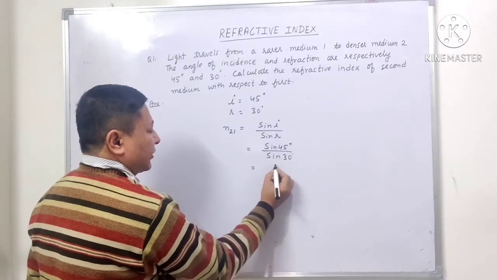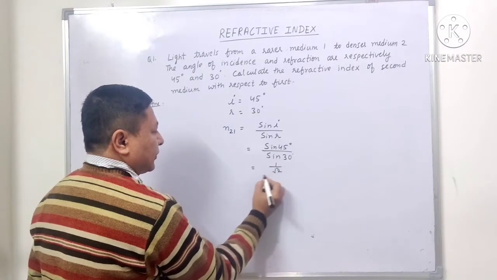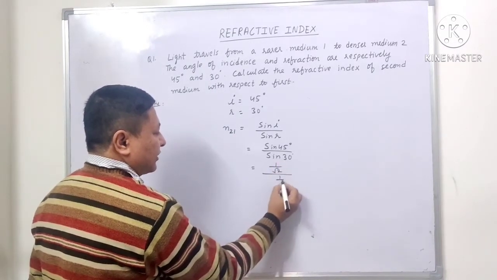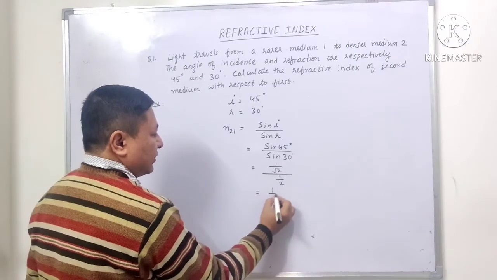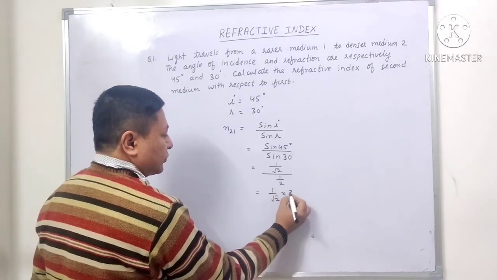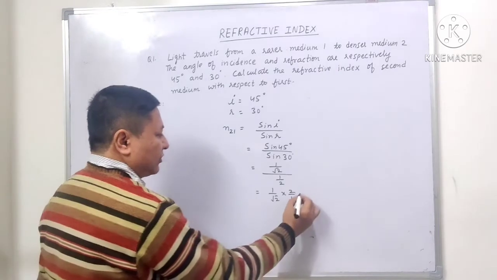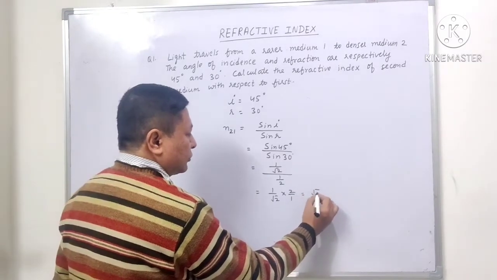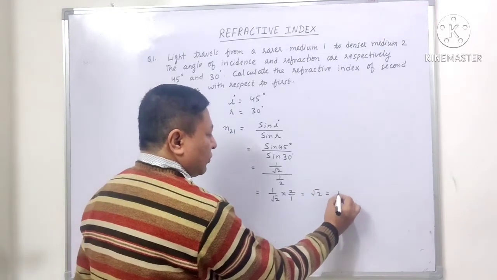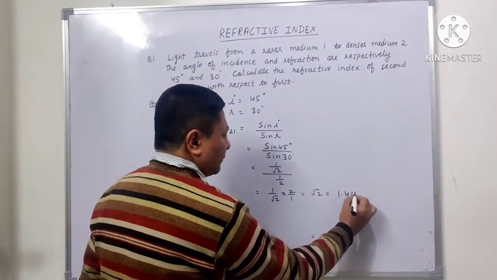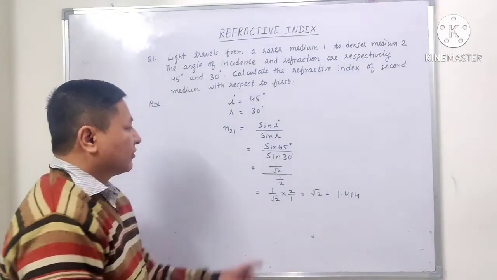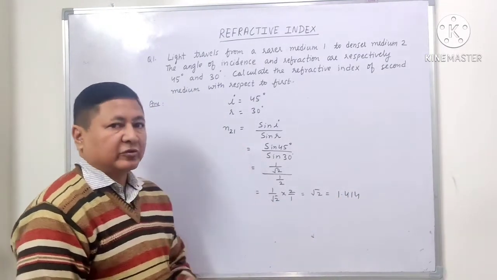The value of sine 45 is 1 upon root 2. The value of sine 30 is 1 upon 2. So this will become 1 upon root 2 into 2 upon 1. When we solve, we get root 2, that will be equal to 1.414. So the refractive index of the second medium with respect to the first is 1.414.